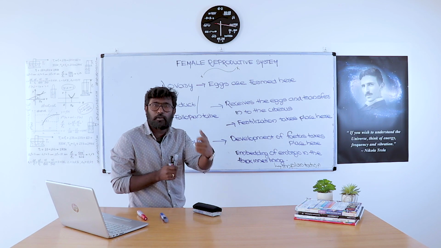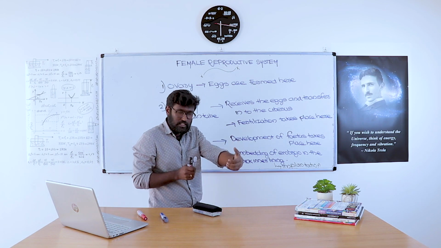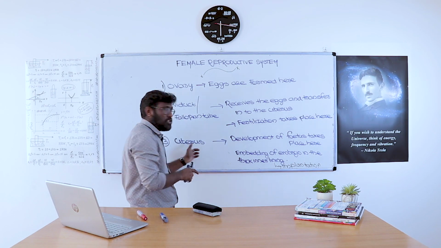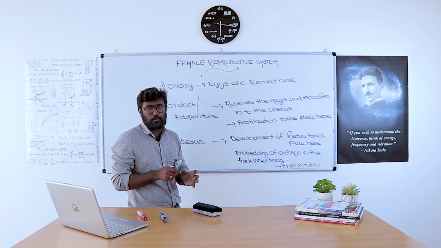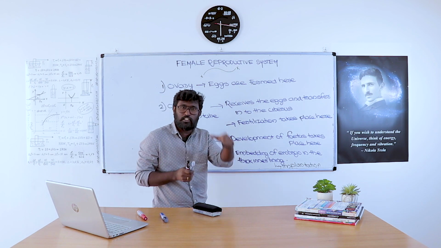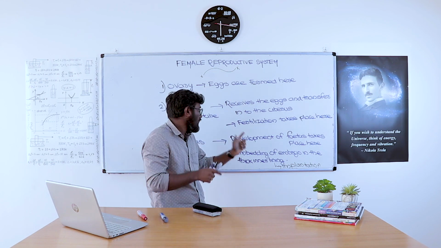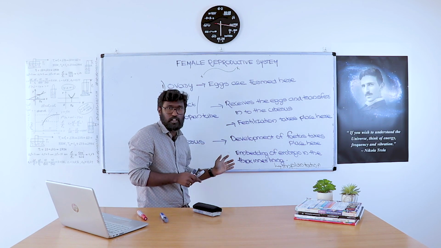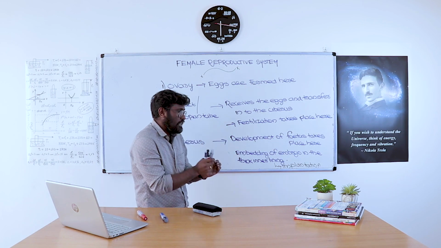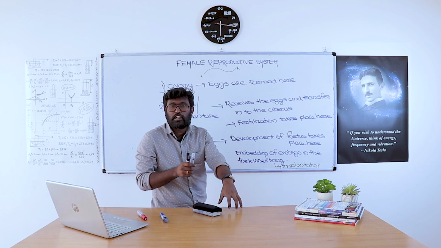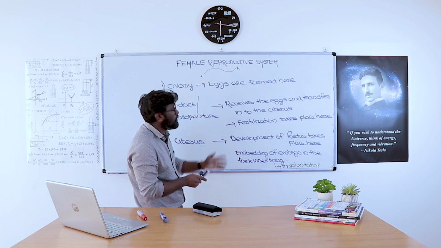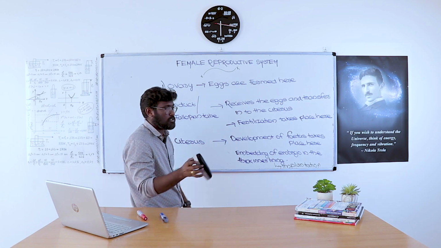The eggs are produced in the ovary and transferred to the uterus through the fallopian tube, and fertilization occurs in the fallopian tube. The development of fetus is in the uterus. That's all about the female reproductive system.